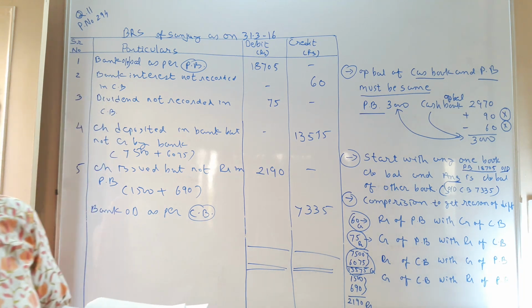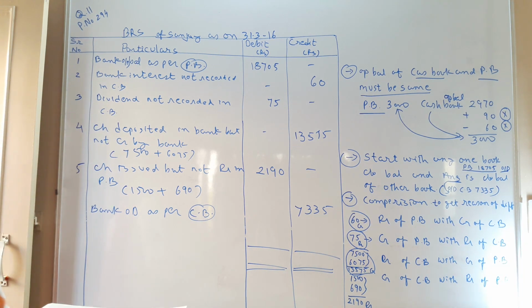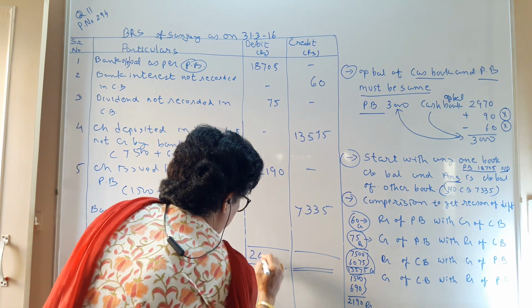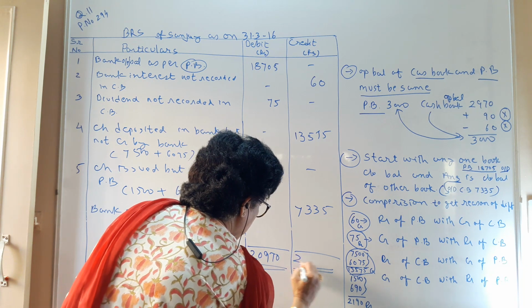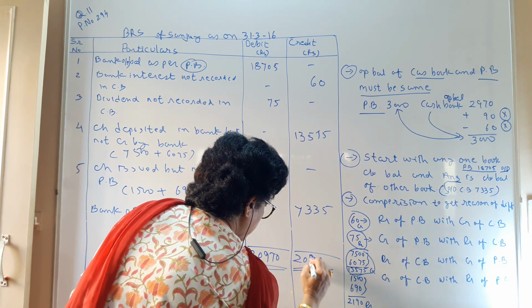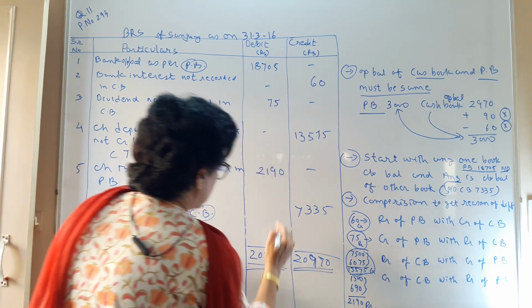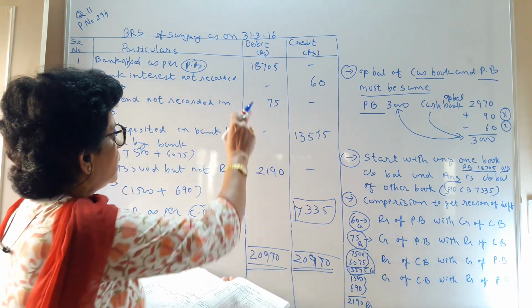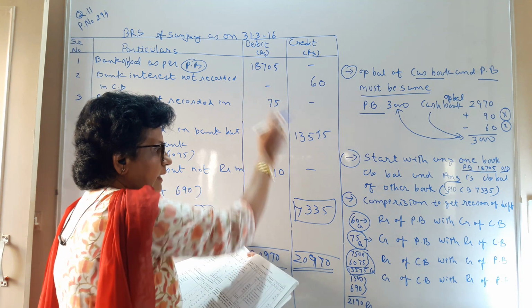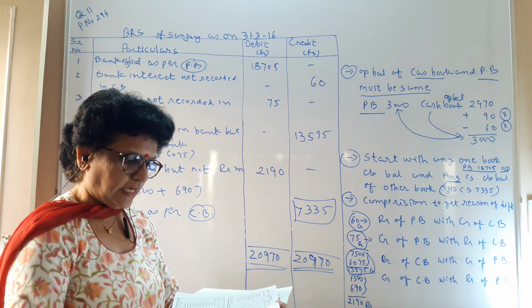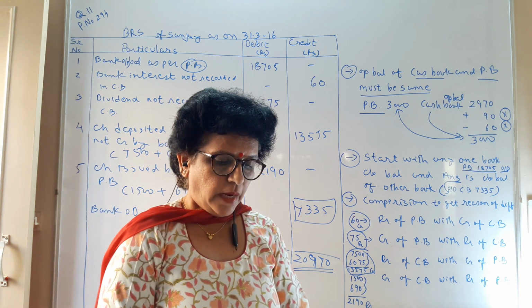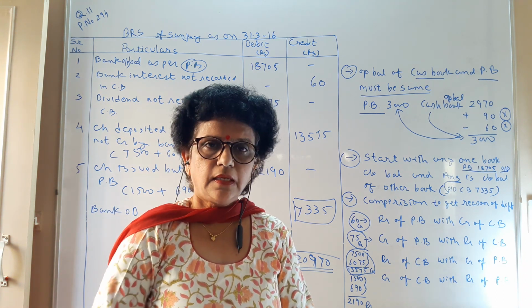What is the amount of total? The total is 20,970, both the side. And your answer is 7335. You have started with one book and the second book is your answer. Answer already given in the textbook. You see cash book, bank overdraft 7335.